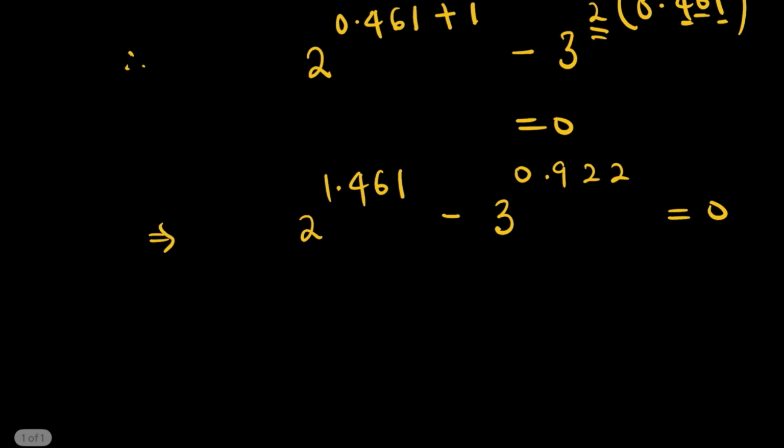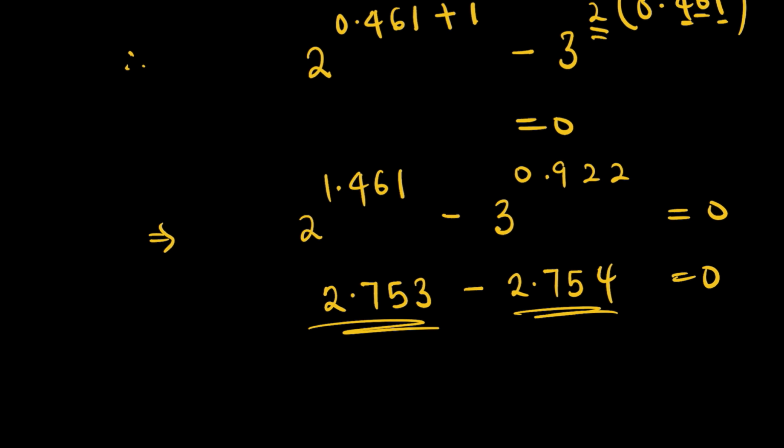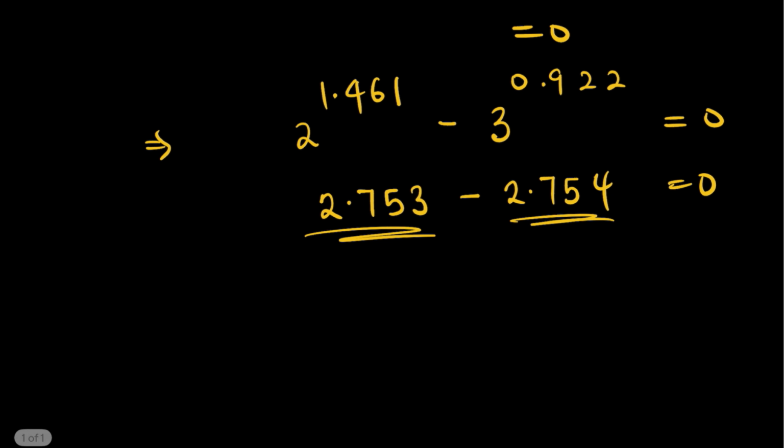By my calculator, if I do 2 raised to power 1.461, this gives us 2.753 approximately, then minus, if we do 3 raised to power 0.922, we get 2.754 approximately. You can see these values are almost the same.